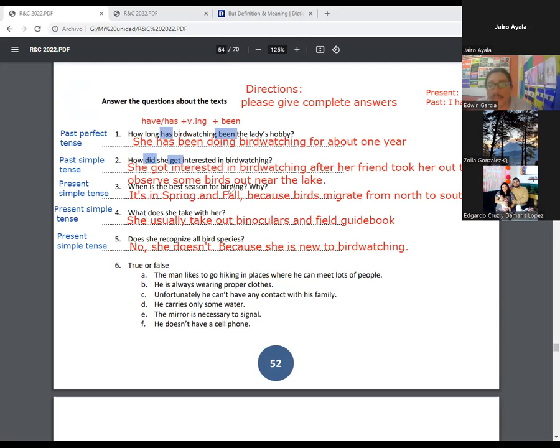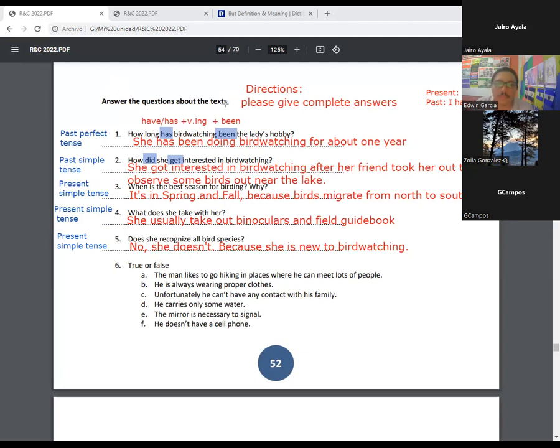Okay, Haida, come on, tell me, do you have a question? Yes, the first sentence. Is it present perfect continuous? Because it's a has been. Present perfect continuous.